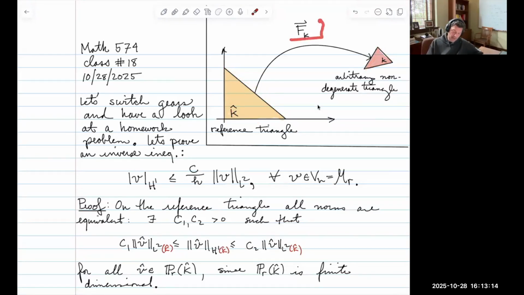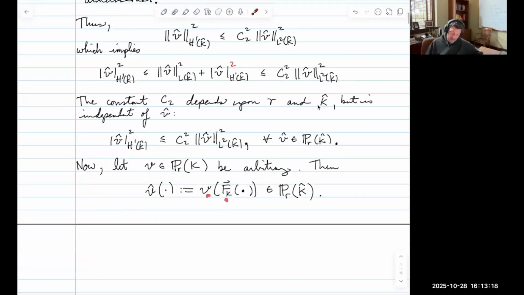Okay, that's what we call F. If I compose V with that, that is I do F_K first and then I do V, that defines a function, and that function is a polynomial of degree R. That's because this is an affine transformation of a polynomial. It preserves the polynomial order exactly. It doesn't increase the polynomial order or decrease it. This R is exactly the same.